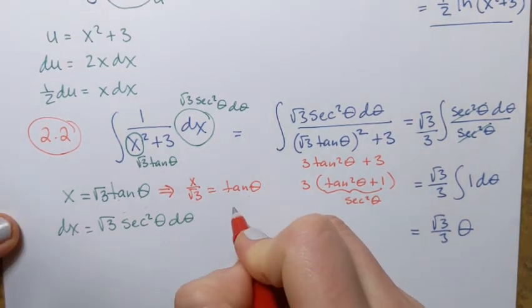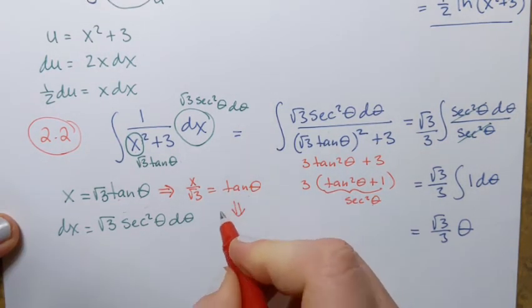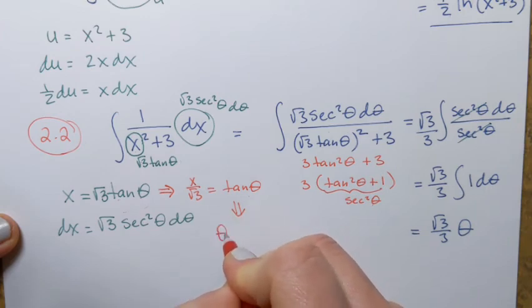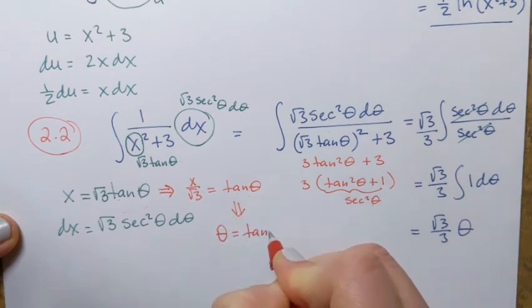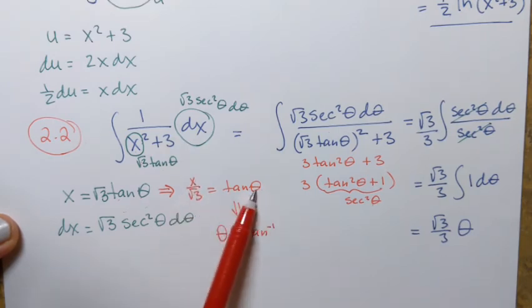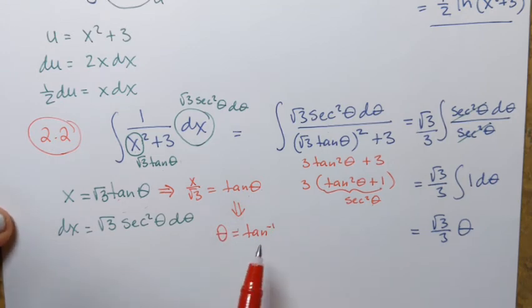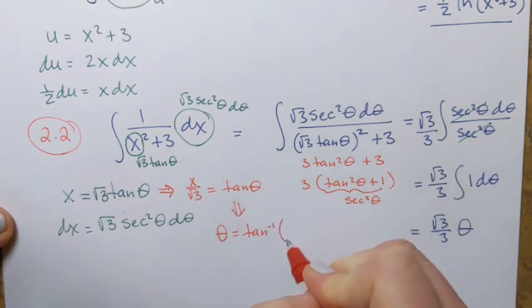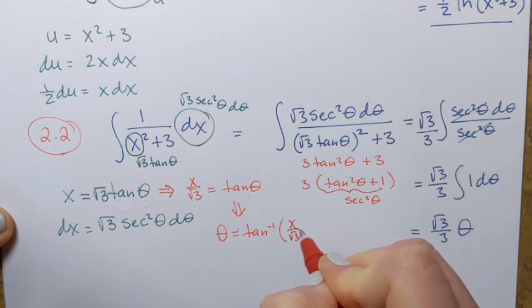And then from here to solve for theta, I just need to use the inverse tangent function. So theta equals tangent inverse, so kind of theta and x switch places. Theta sits outside now, and then tangent inverse of x over square root of 3.